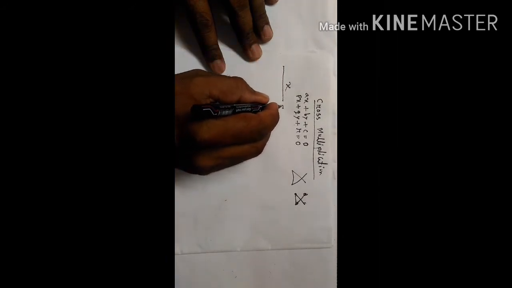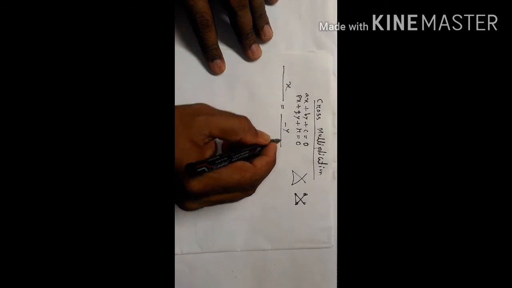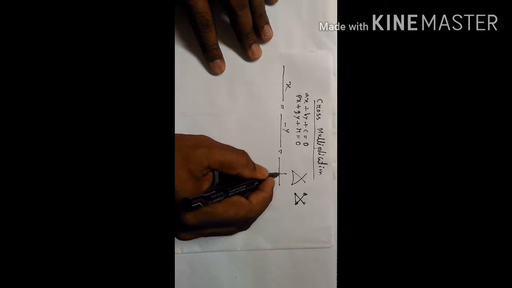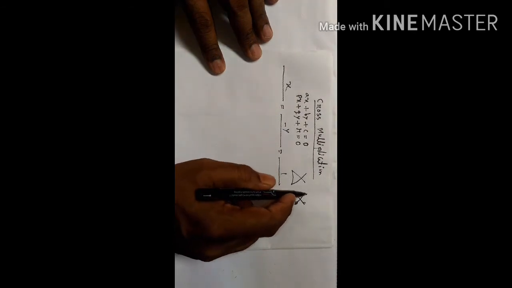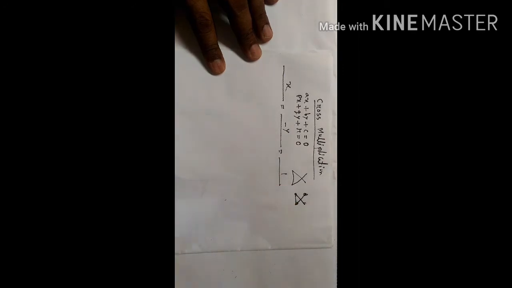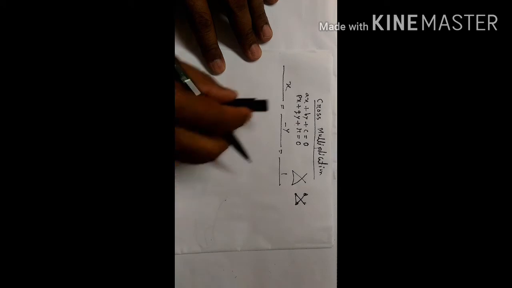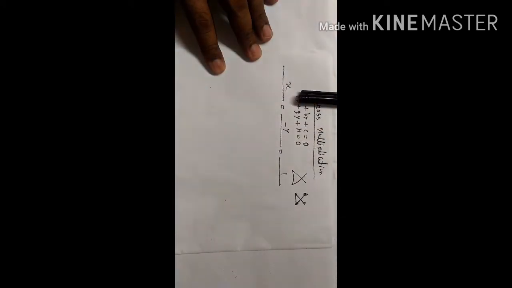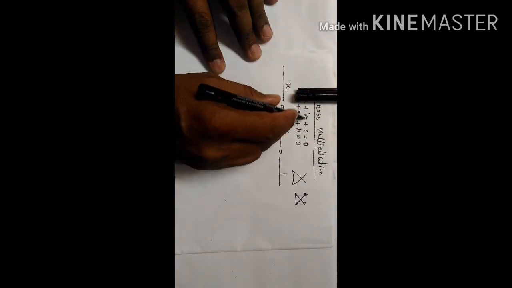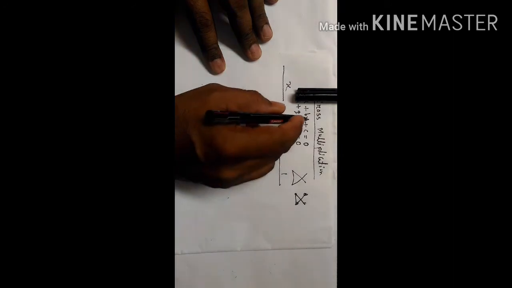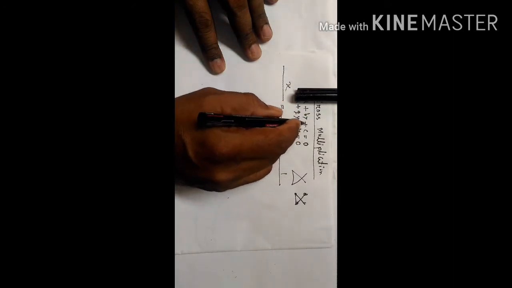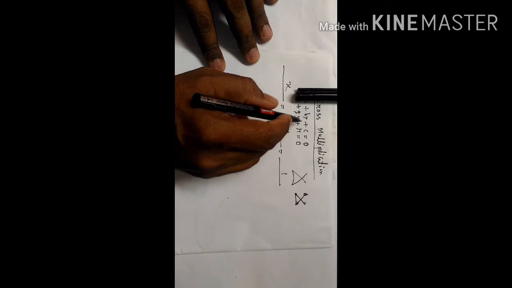So you have to write it this way: x by something equal to minus y by something equal to 1 by something. You just use this symbol. At first, in case of x, you have to remove the x function. Just remove this. You have to use the coefficients of the remaining. Suppose the cross is this way, so you have to use this one and this one.